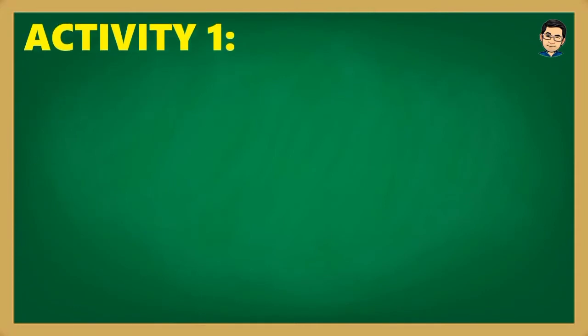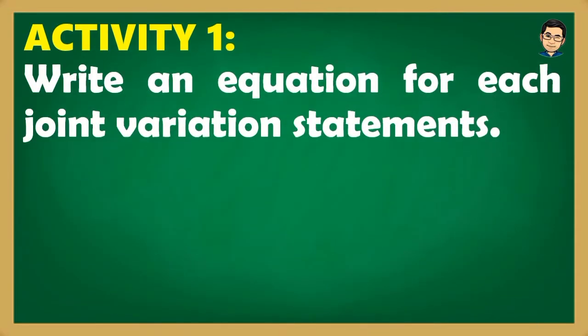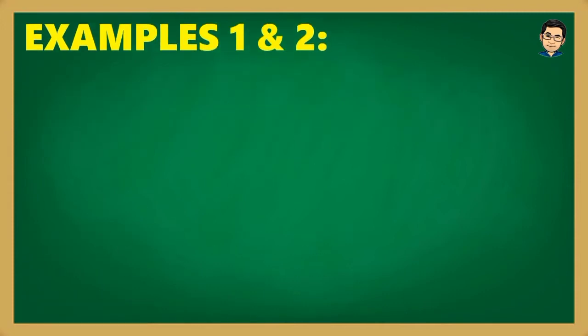So, let's have the first activity. Write an equation for each joint variation statement. Let's have the first two examples.